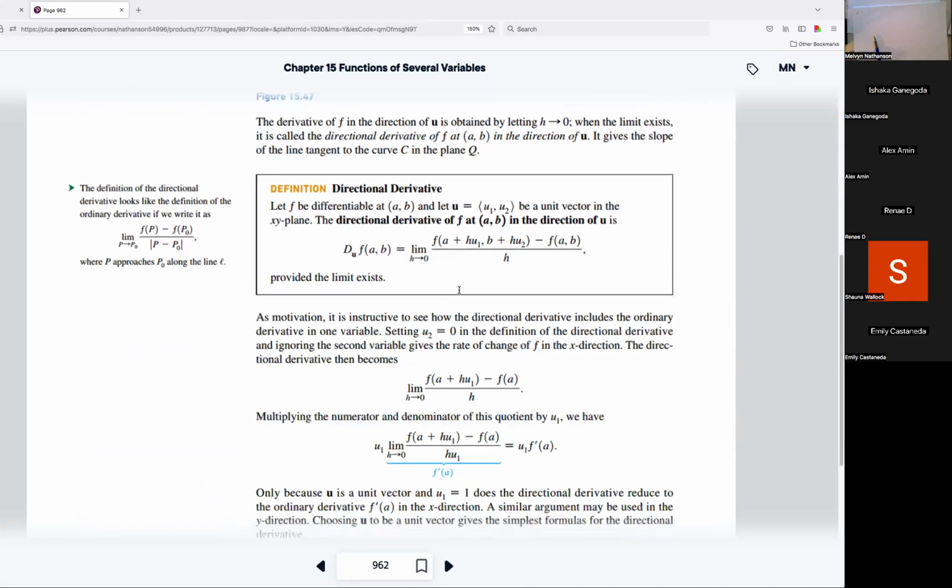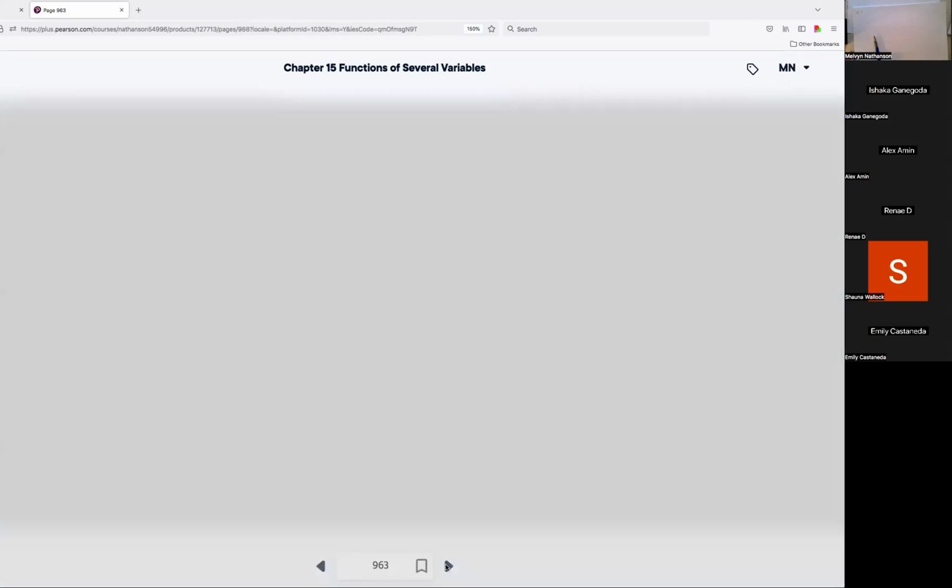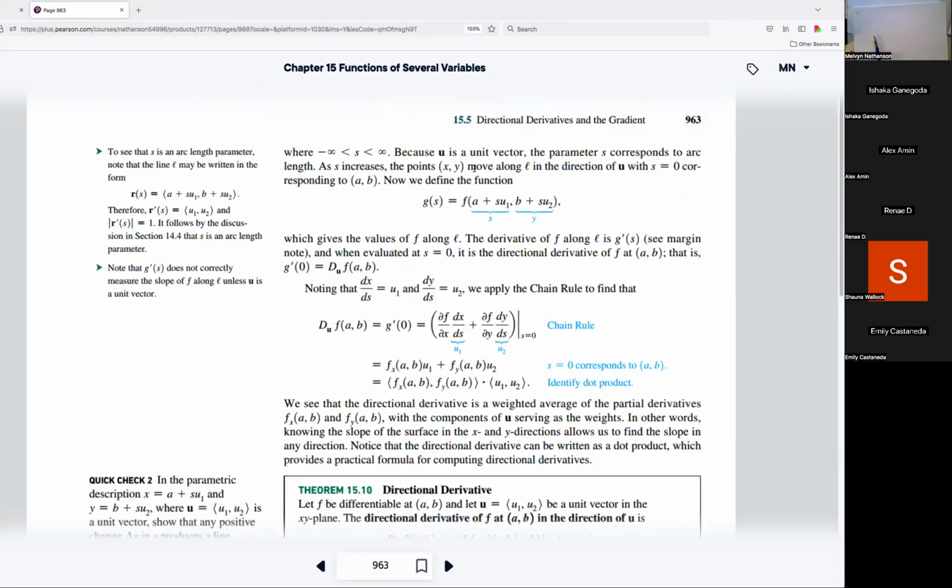So if you're going in the direction u, you can parameterize the line by x equals a plus su1 and y equals b plus su2. So if you take this formula and you plug it into the definition of the directional derivative, you get a function of s. So this is the function along the line.